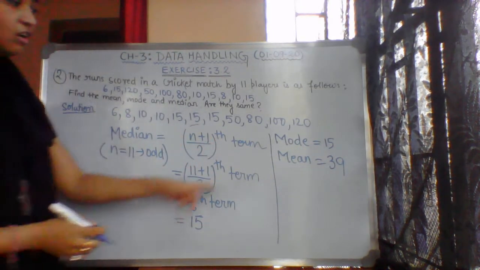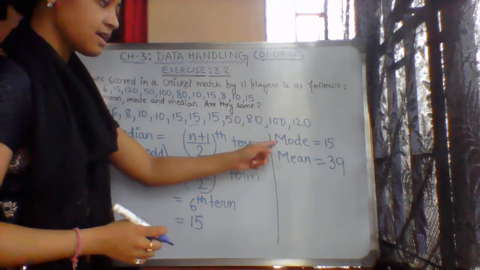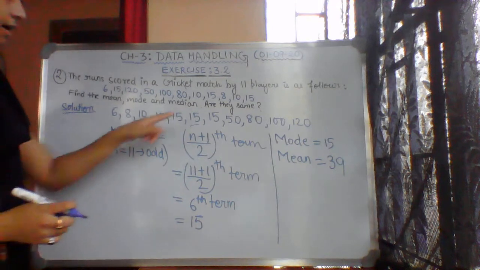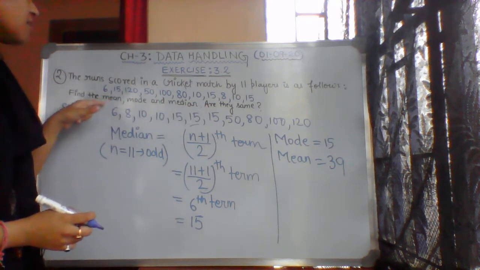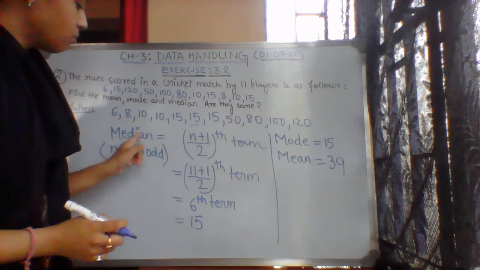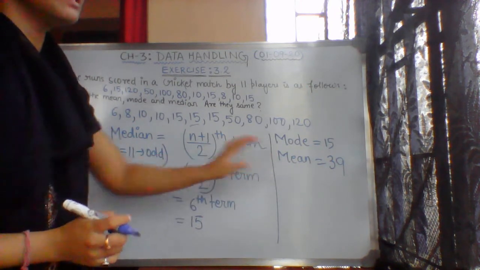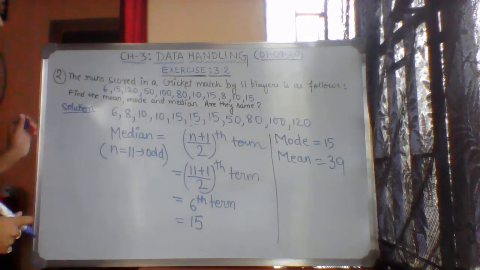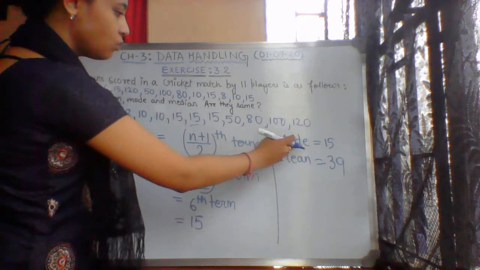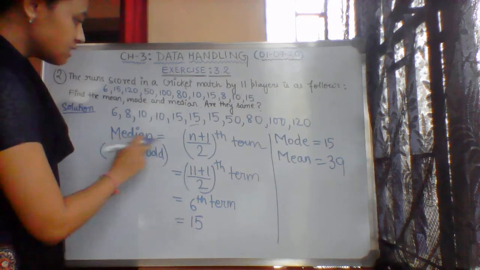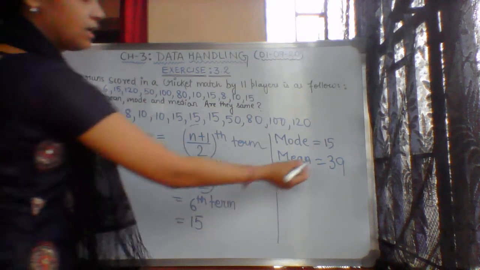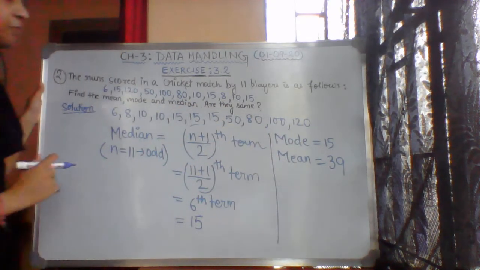Median 15, mode 15. Yes, they are the same, but the mean is different. They are asking whether mean, median, and mode are the same. No, because median and mode are the same, but the mean is different. And you can see there is a large gap between the mean and median values, 39 and 15.